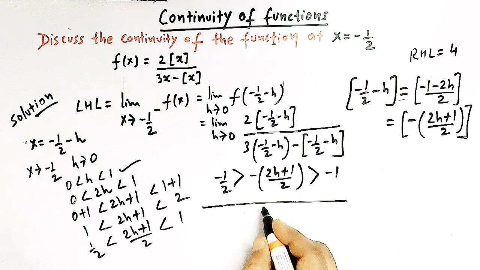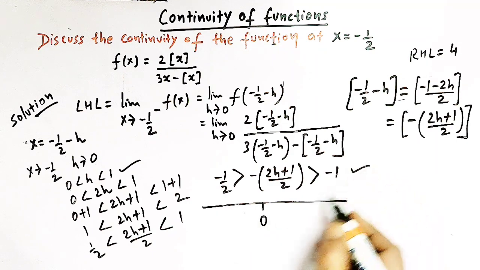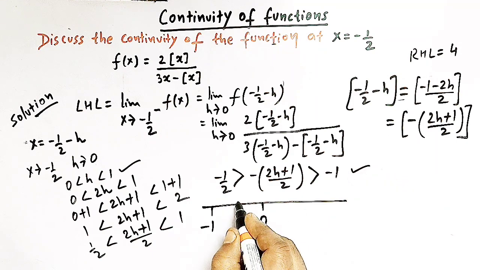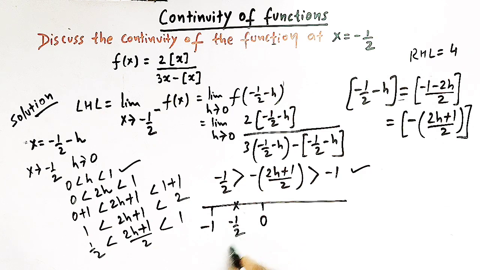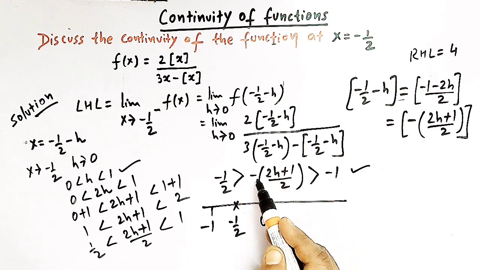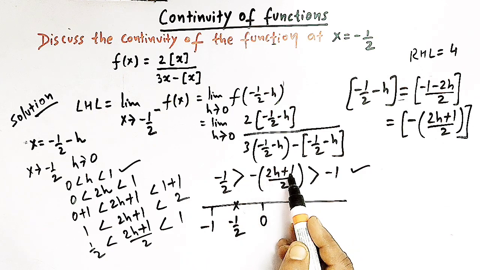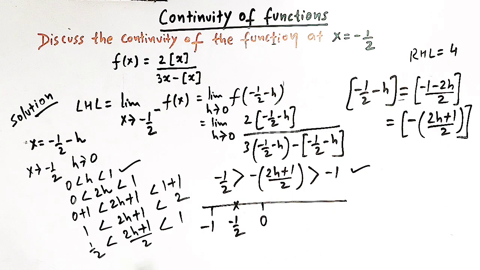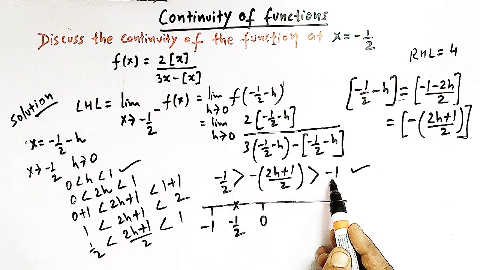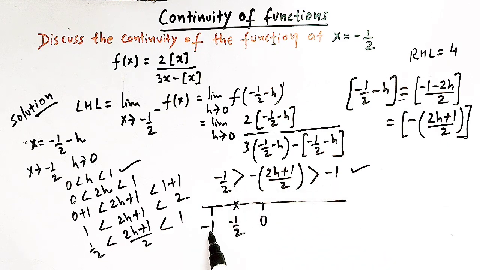So now from this inequality we conclude that here we have minus half, and this quantity minus (2h plus 1) over 2 is greater than minus 1 but less than minus half, right?